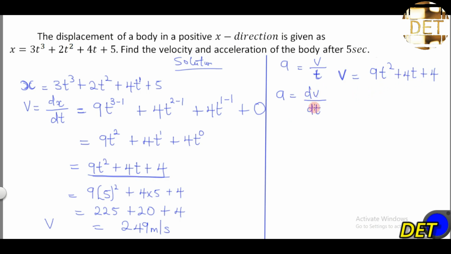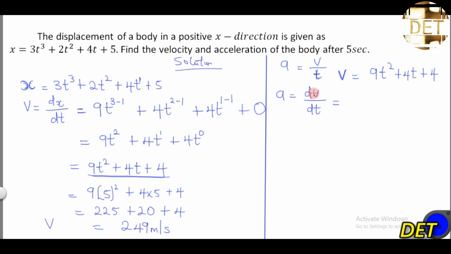So if we look for dv over dt, we use the general principle, right? Differentiating v with respect to t will give us our acceleration.